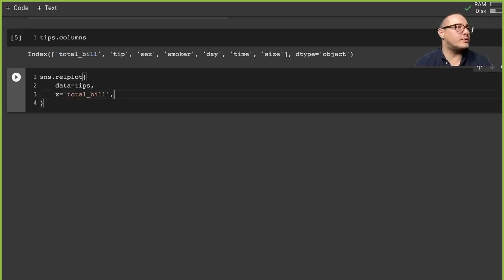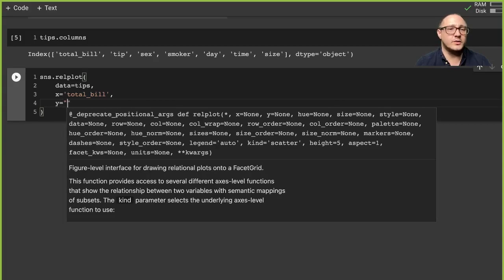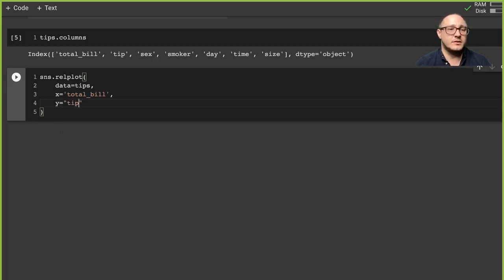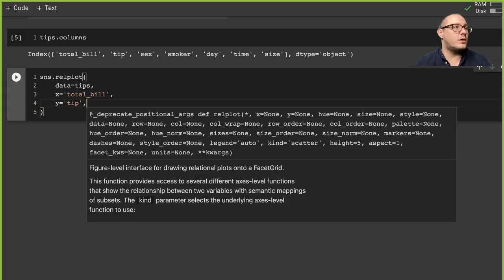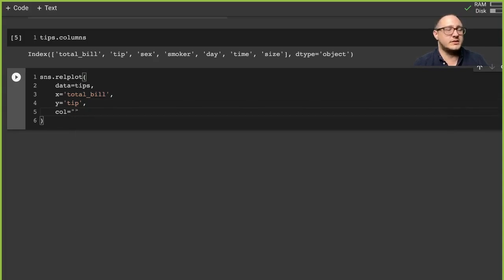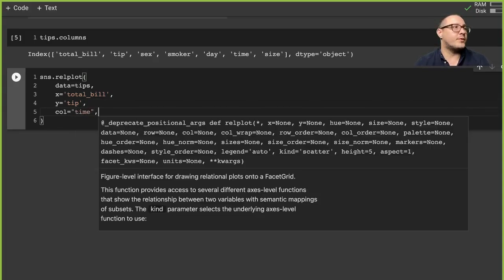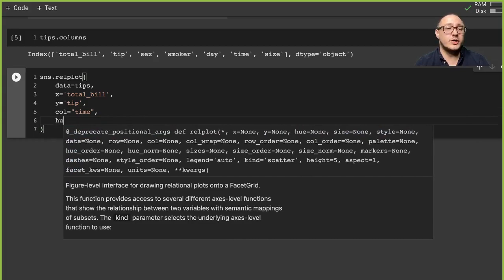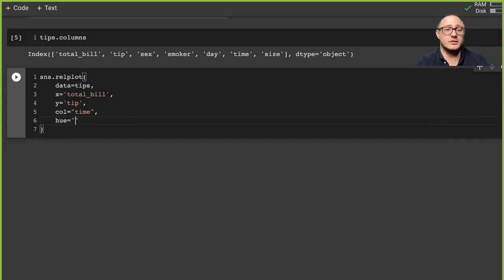And then we want the relationship between that and y, which is going to be the tip itself. And then we also want a column. This column is actually a facet grid, okay? And then we have hue. Hue is a meaning of color, so let's do smoker.